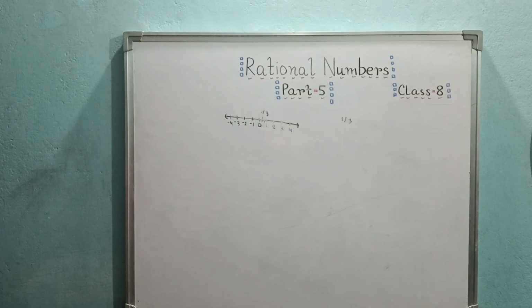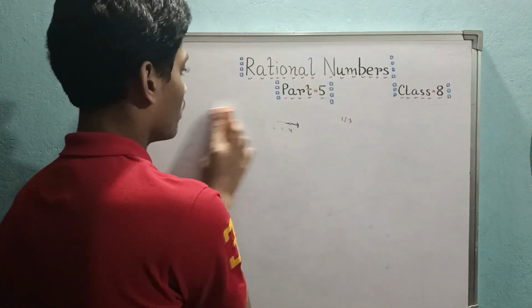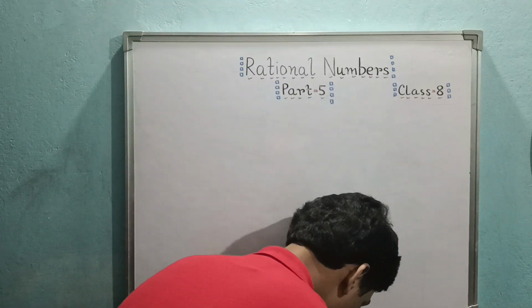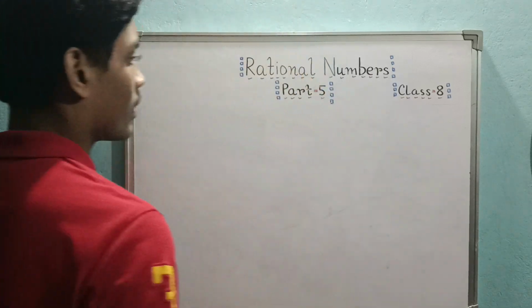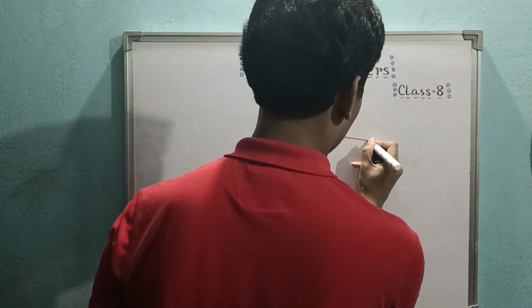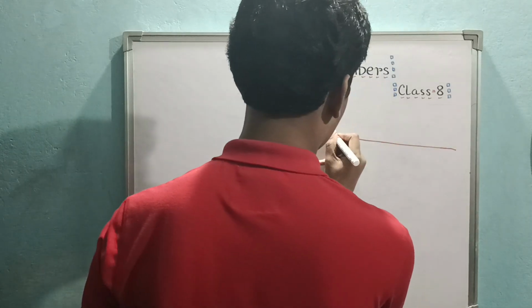So let's see a sum on number lines, how it can be done. First of all, I am taking a number line with a beautiful red pen. Let's see. So I am taking the number line on this side, like this.